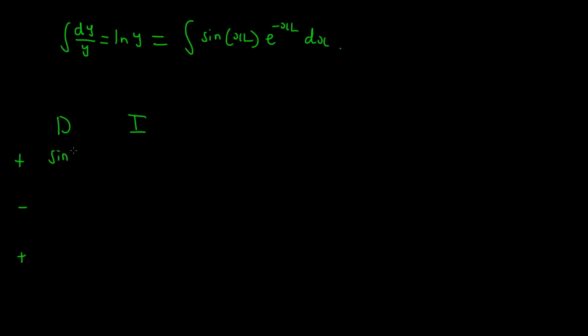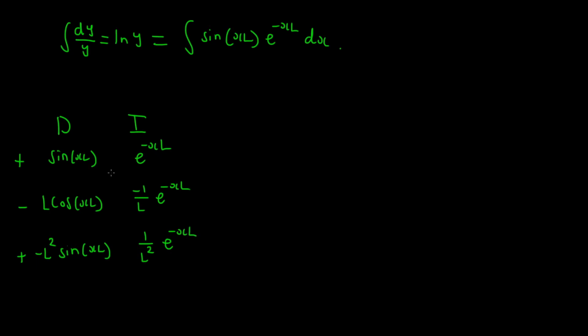So we'll differentiate sine of xL, and that goes to cosine of xL times L, and then again we'll get minus L squared sine of xL. And now to integrate up, we integrate e to the negative xL, and that's minus 1 over L e to the negative xL, and then again 1 over L squared e to the negative xL.